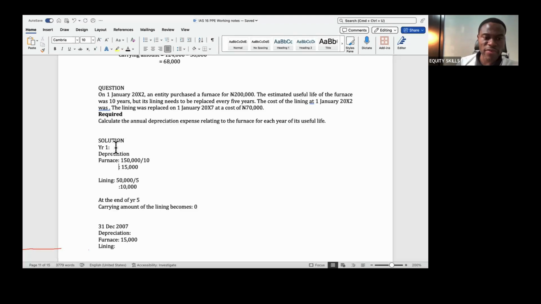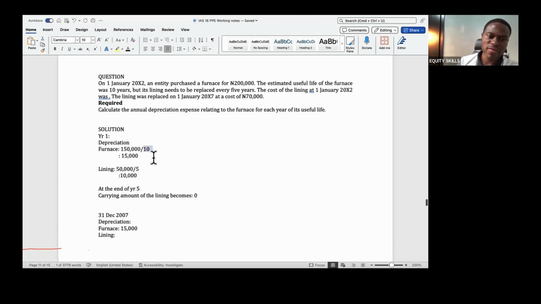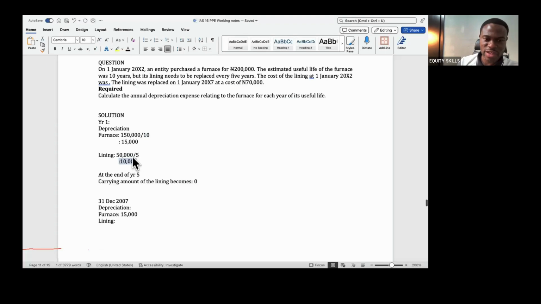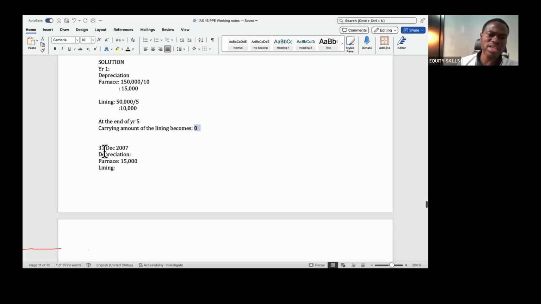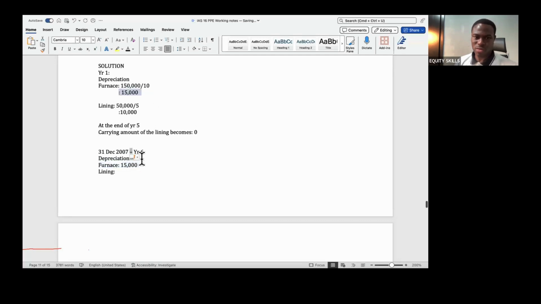So for the furnace is 15,000 per annum for the next 10 years. For the lining, 10,000 for the next 5 years. So after 5 years, the carrying amount of the lining becomes 0. So lining is starting over again. But furnace in the 6th year, in year 6, this furnace is still 15,000 per annum every year.